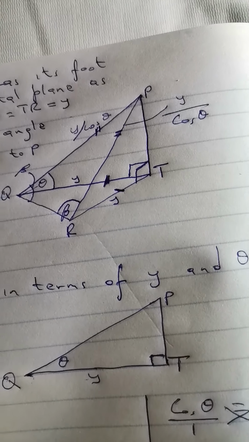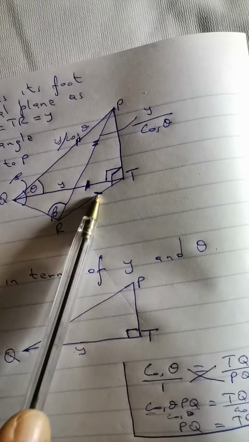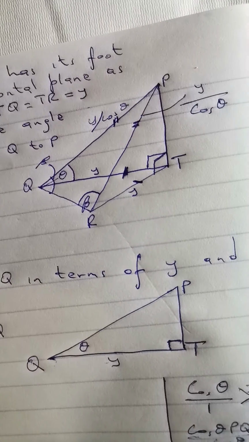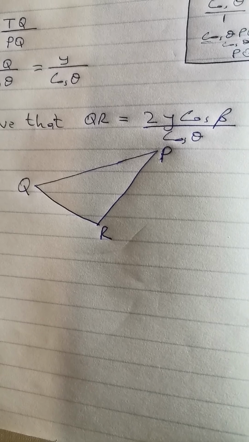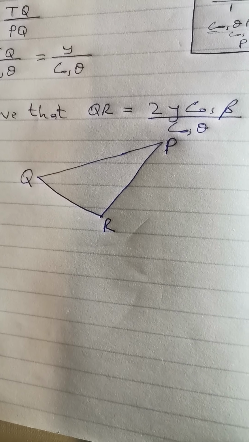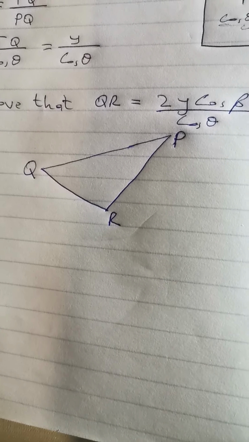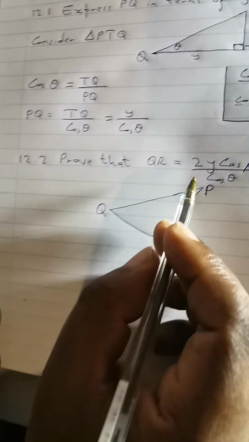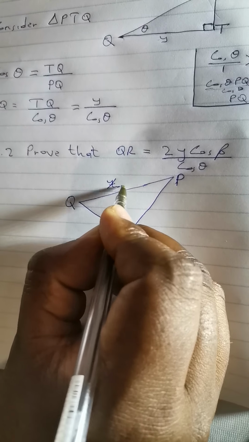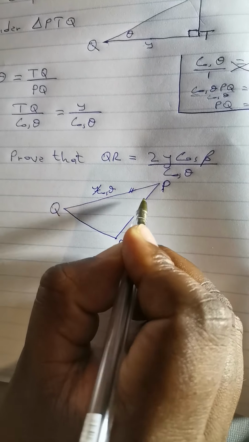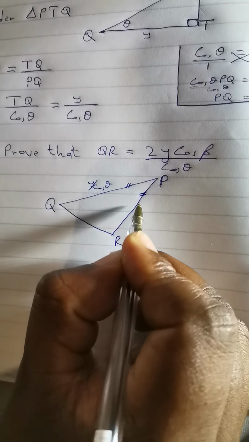So like I said, a 3D problem is a combination of many 2D problems, and that's what you do when you're solving. You have to try and isolate a 2D element of a 3D that will help you find your solution. Okay, so we know that this is PQ, that is y over cos theta, and this side is also equal to this side.